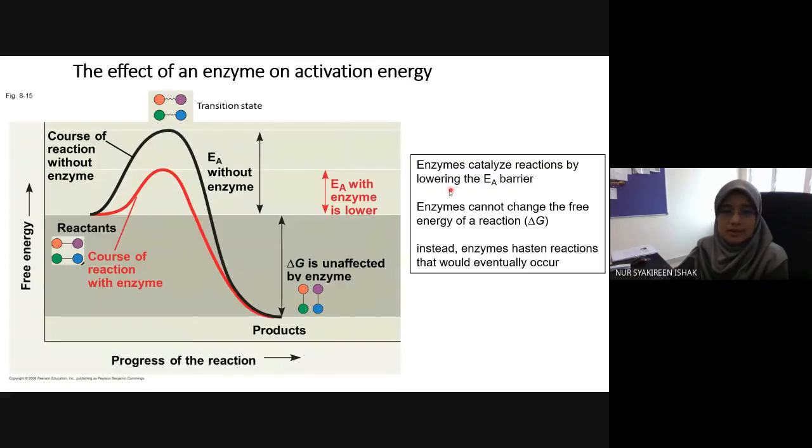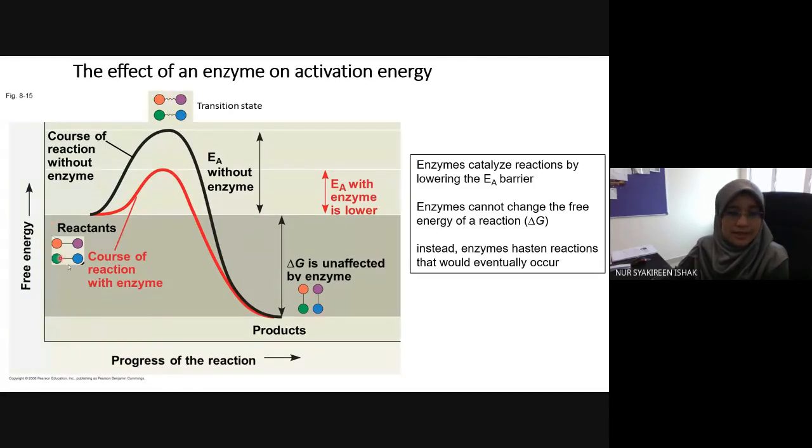Okay, and then this graph shows you the difference in the rate of reaction for a reaction with enzyme and without enzyme. The black graph shows the rate of reaction without enzyme, and the red graph plots the rate of reaction with enzyme.